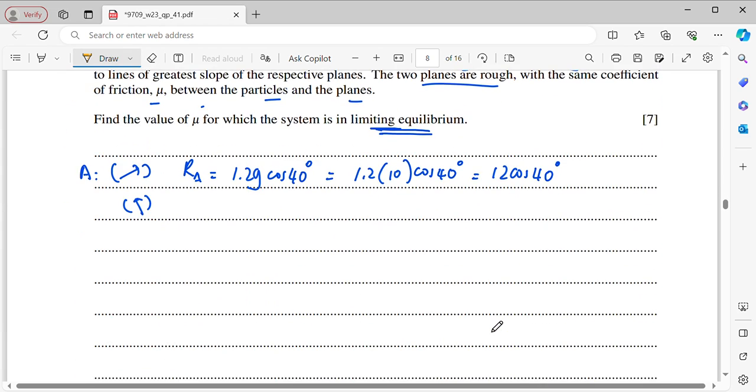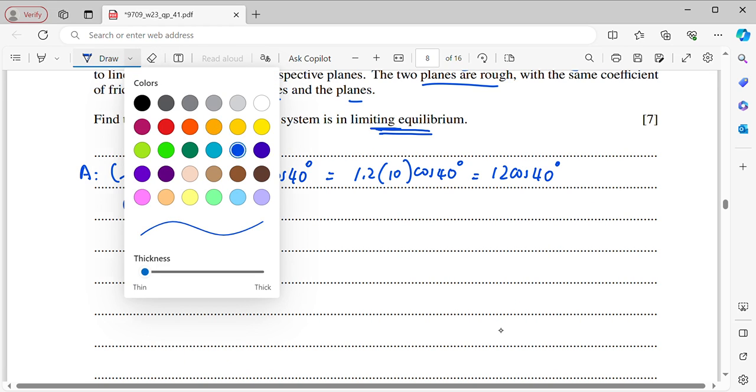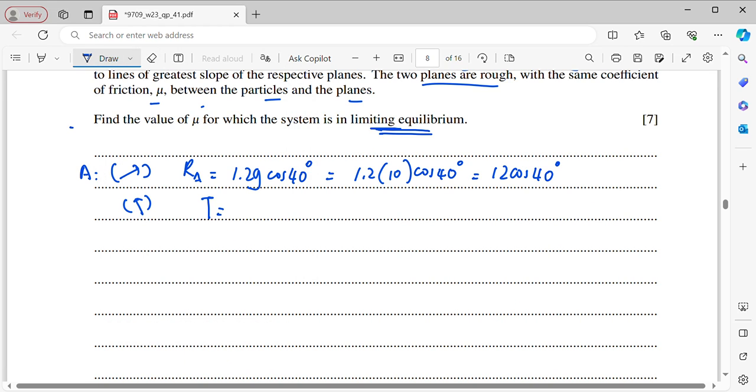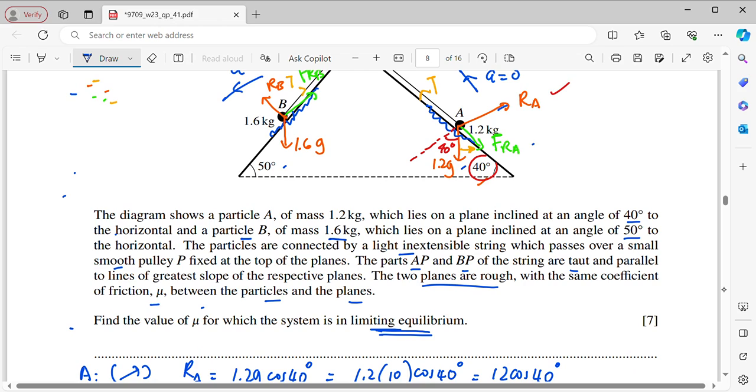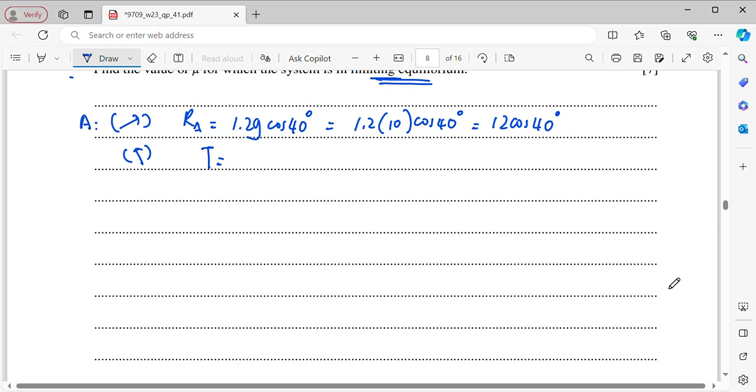So from here, I will write my T, the tension here. It will have two components: one is FRA, another one is 1.2 g sine 40 degrees, because this angle is not given. So I will write 1.2 g sine 40 degrees plus FRA.